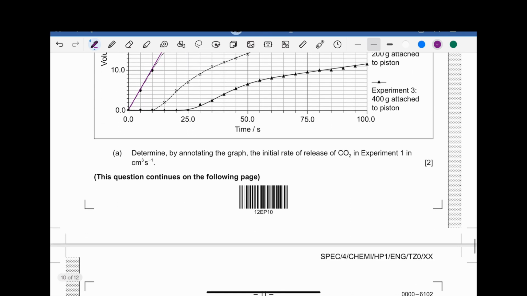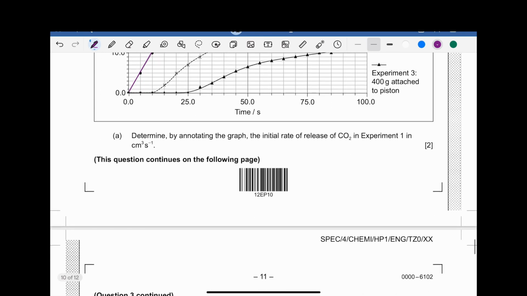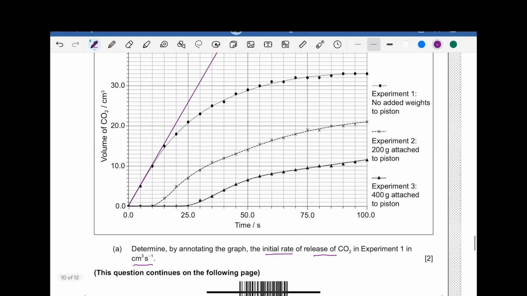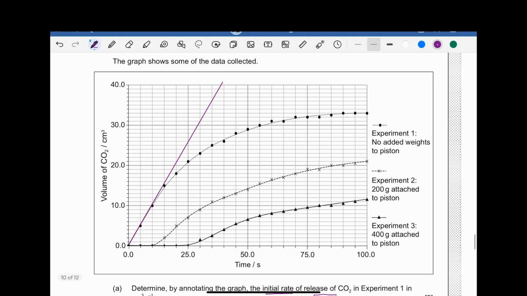So first one, A, determine by annotating the graph the initial rate of release of carbon dioxide. So we need to find the initial rate in experiment 1 in centimeter cube per second. To find out the initial rate, we need to draw the tangent, which I have already drawn there, and find the gradient.